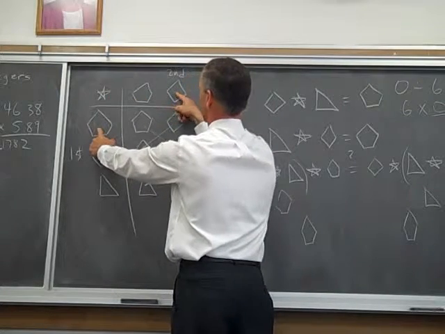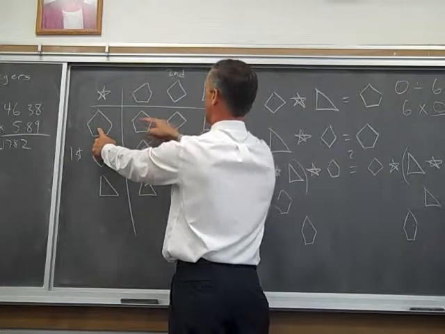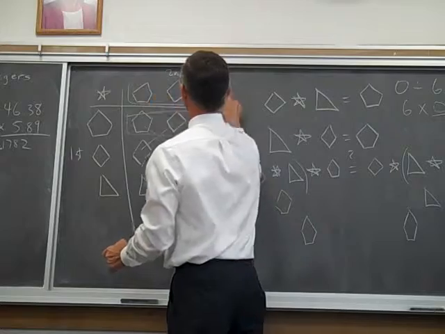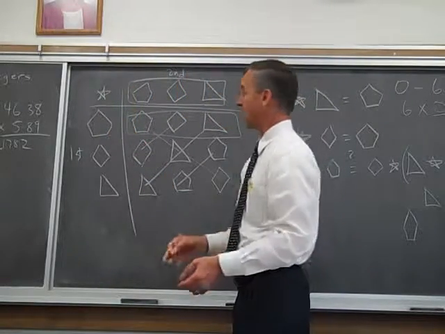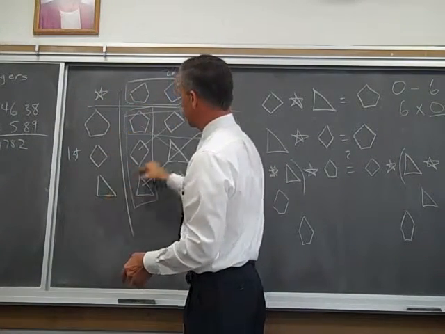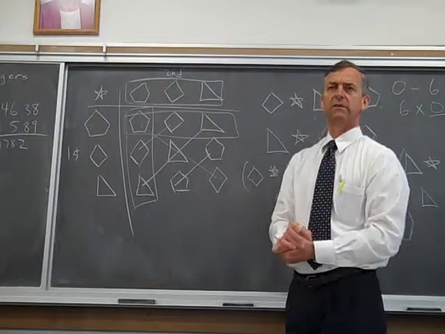Pentagon starred with diamond is diamond. And pentagon starred with triangle is triangle. So the fact that this row is the same as this row tells us that that is the do nothing. Or the fact that this column is the same as this tells us that this one is the do nothing.